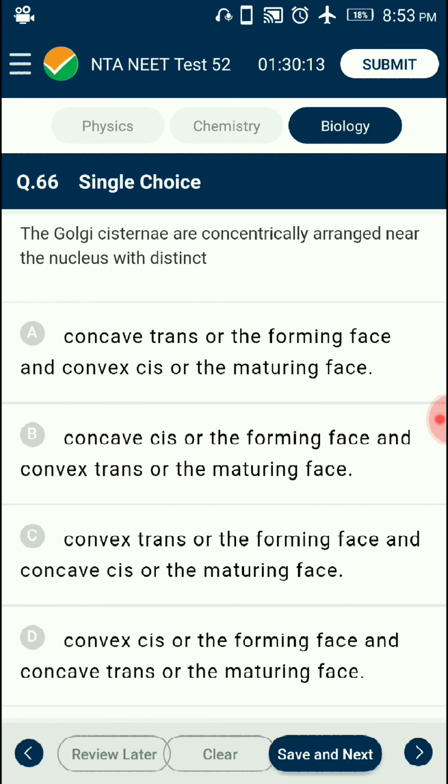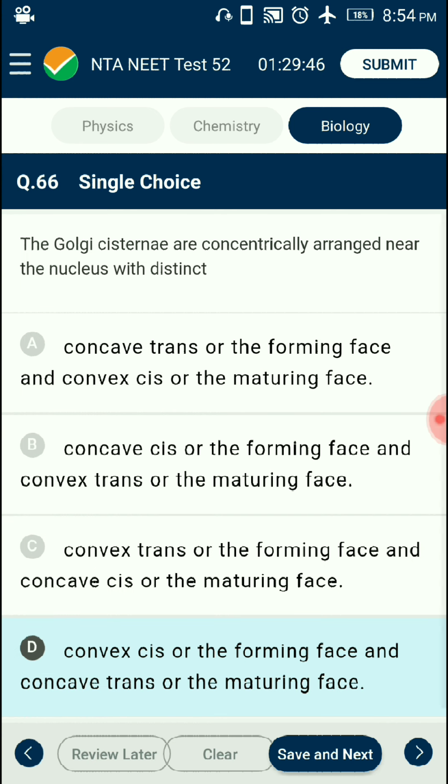The Golgi cisternae are concentrically arranged near the nucleus with distinct convex cis or the forming phase and concave trans or the maturing phase. The cis and trans phases of the organelle are entirely different but interconnected. So the answer for this question is option D, convex cis or the forming phase and concave trans or the maturing phase.